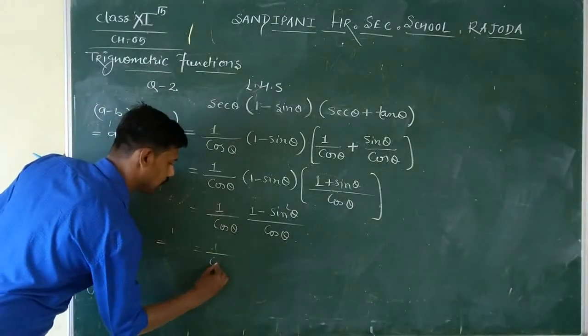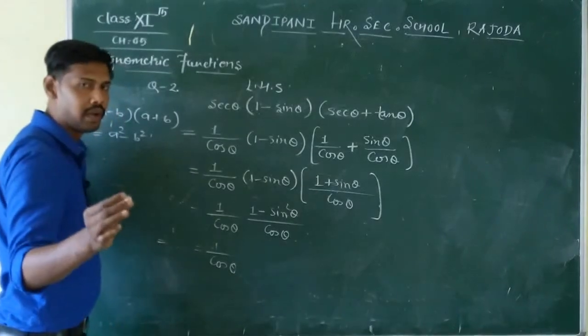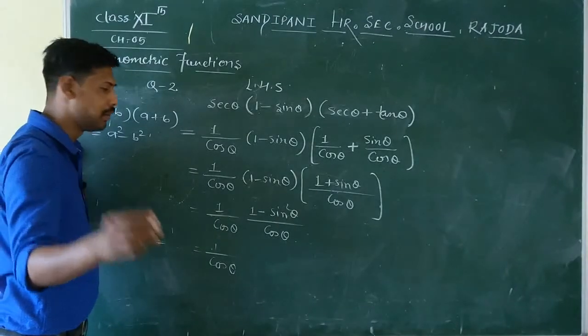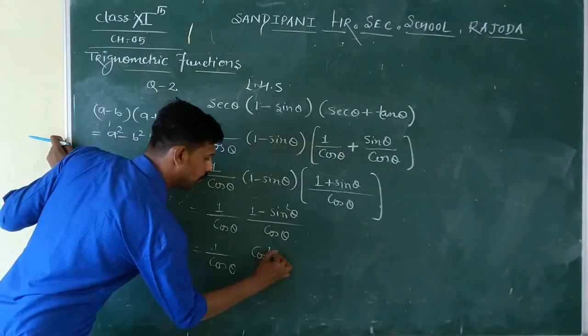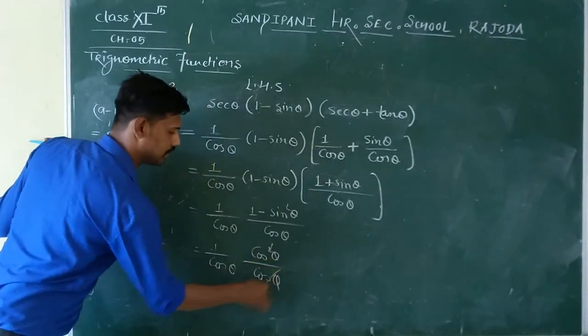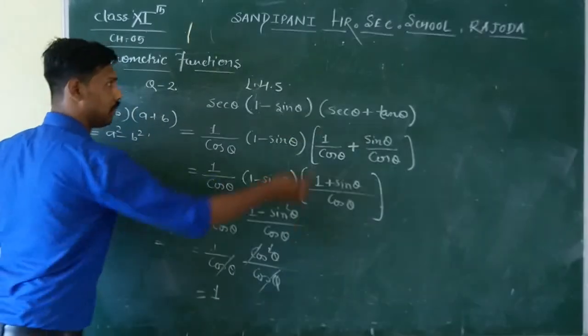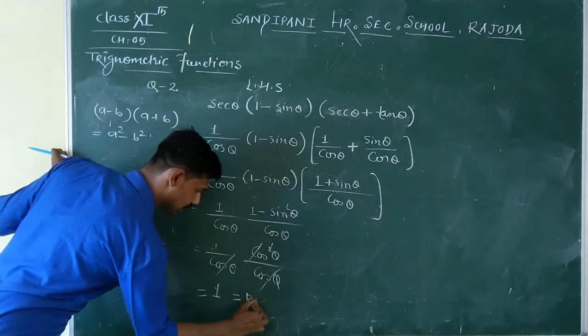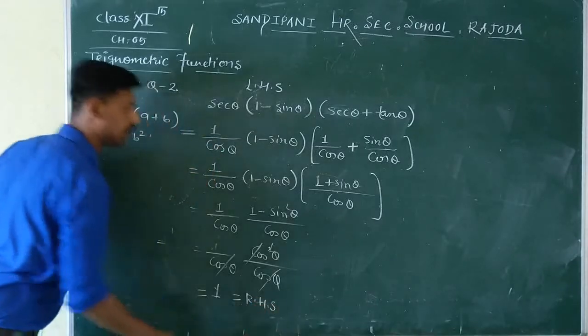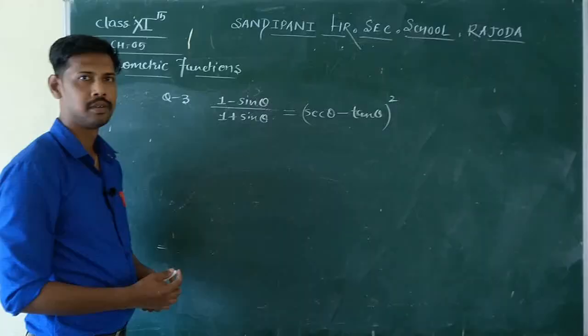That is 1 by cos theta, 1 minus sin square theta. According to the identity of class 10th, 1 minus sin square theta will be equal to cos square theta by cos theta. Both terms are cancelled, so 1. What is the meaning of the 1? That means RHS. According to the condition of the question, I can say LHS will be equal to RHS.